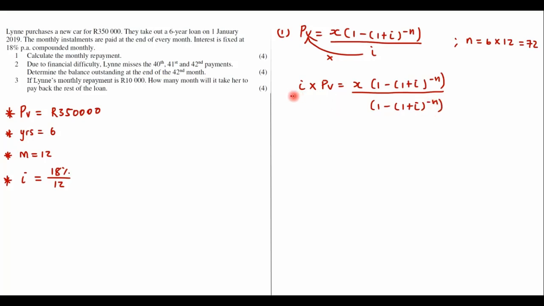That way, I can see that x is isolated, and I don't have to spend time in my calculator punching in all these numbers and working out what i times PV is. This gives you one straight answer, and that is why I like to first isolate what I need to solve and then just substitute.